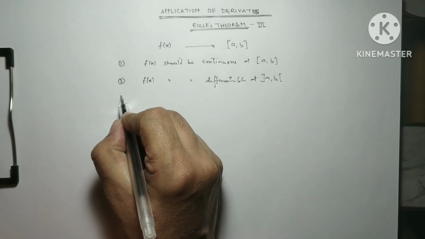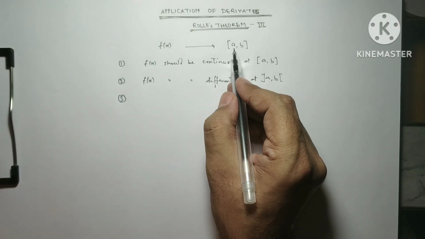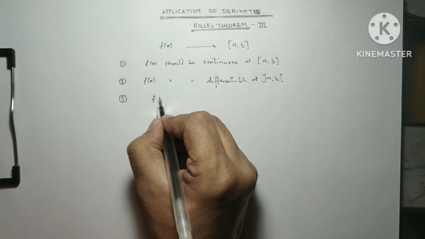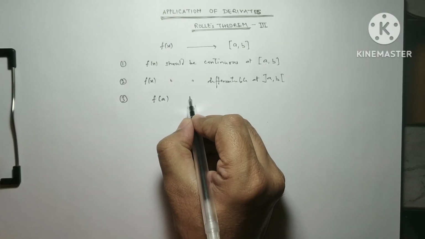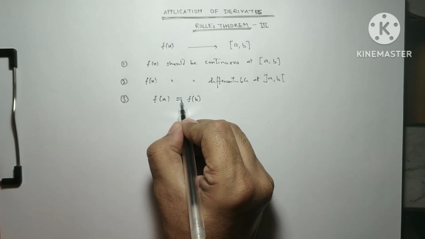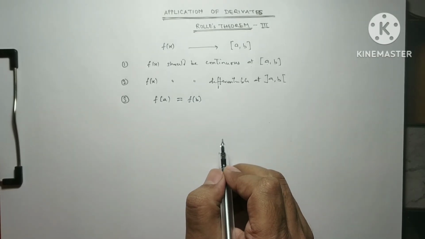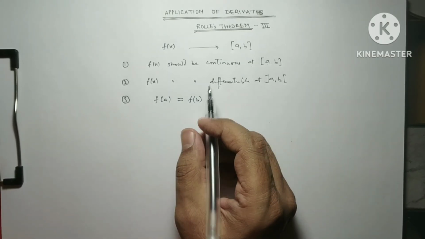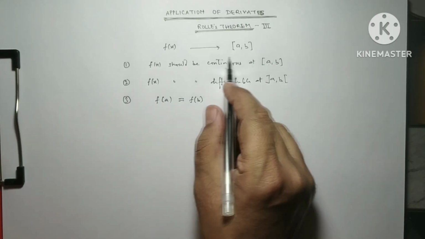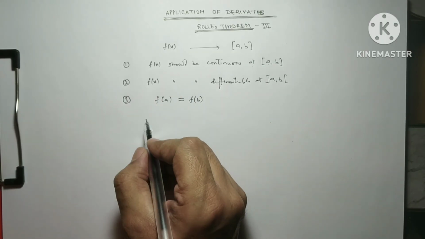And the third condition is this: we place these values a and b in this function and collect f(a) and f(b). The situation is that these should be equal. If this is equal, and this is continuous and this is differentiable, it means all three conditions are satisfied.